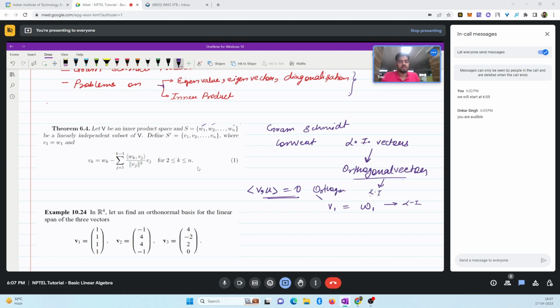The next thing you do, in order to define v2, is from w2 you subtract the projection of w2 onto v1.